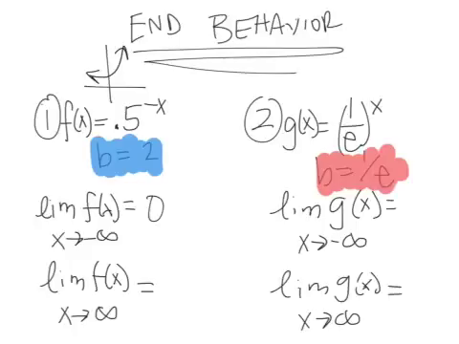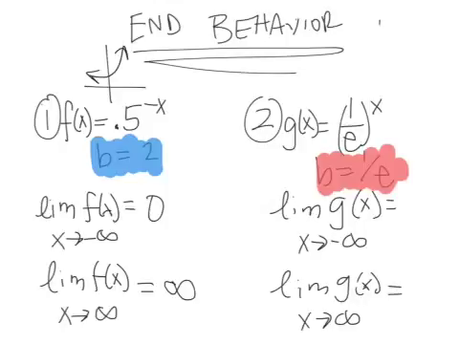For all growth functions that don't have a vertical translation, meaning was it moved up or down, that asymptote and that left end behavior should be 0. For its right end behavior, as x goes to the right off to infinity, as we've seen before, that function's limit will go to infinity.